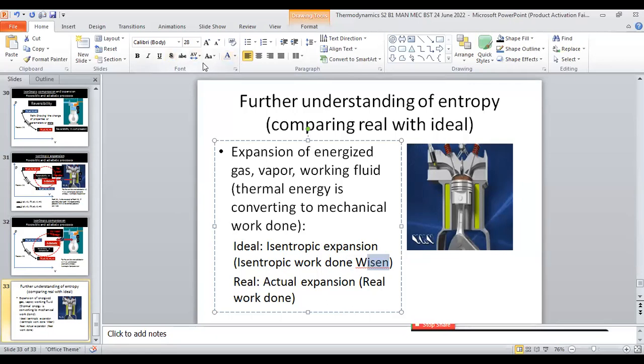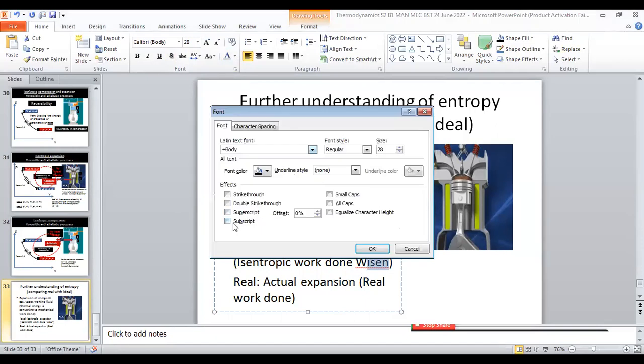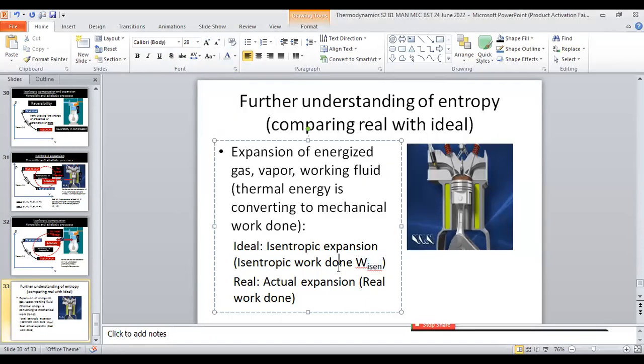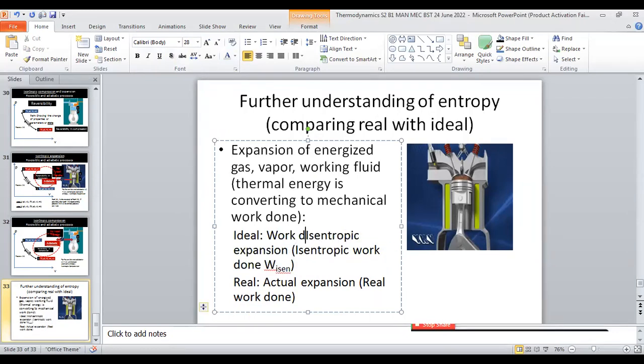In expansion, the work is done. W isen: work done through isentropic expansion.